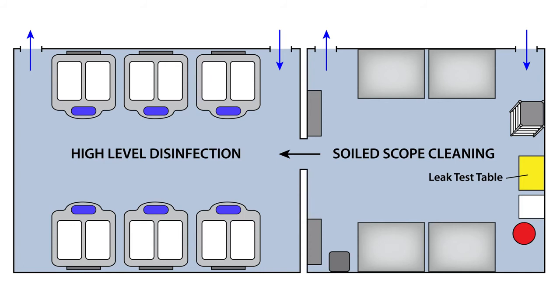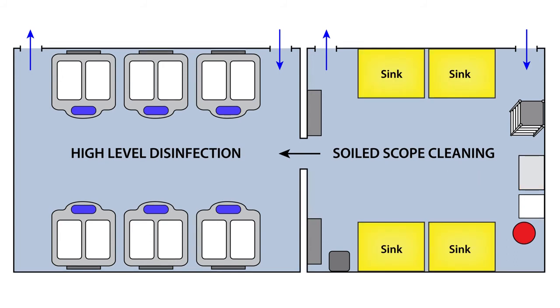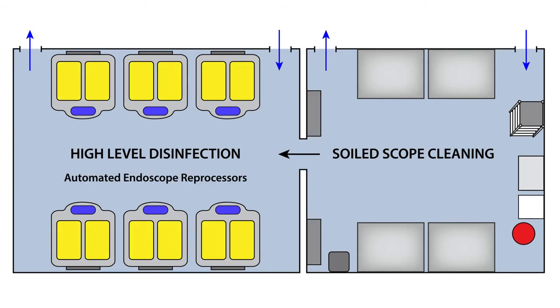And after the leak test, once the scope passes the leak test, they take the scope to the sinks for manual cleaning. And once manual cleaning is done, you take the scope to the scope inspection area to make sure there is no damage to the scope, and after that you take it to the high level disinfection area for high level disinfection using the machine.